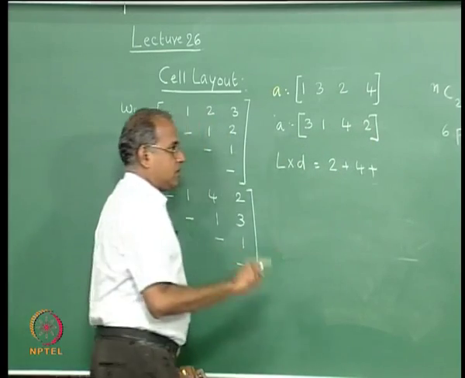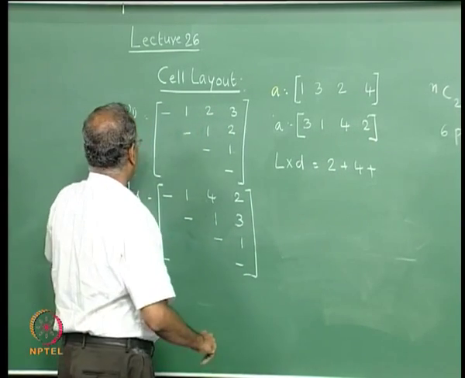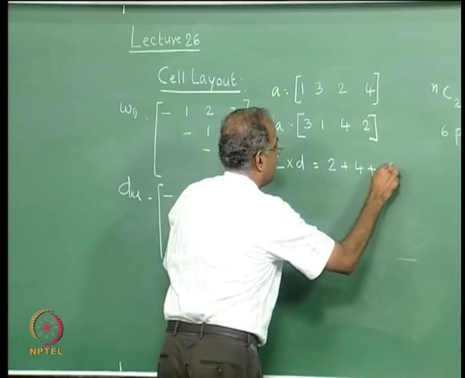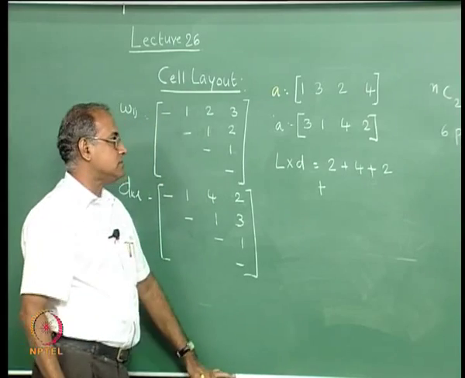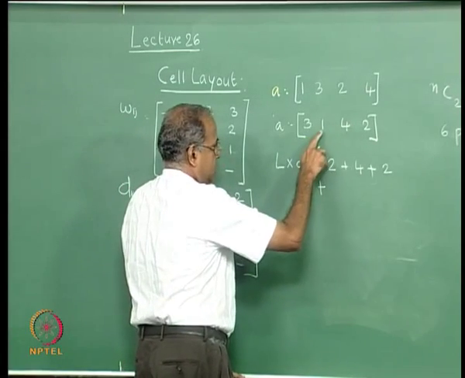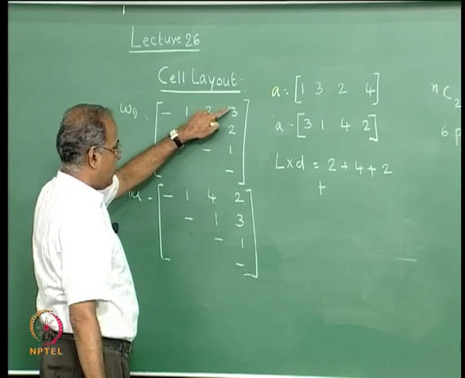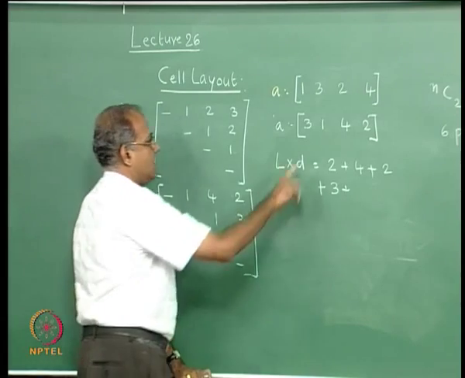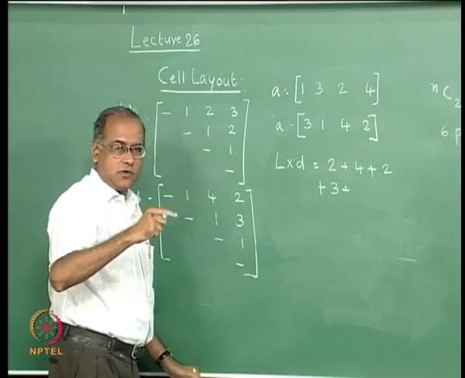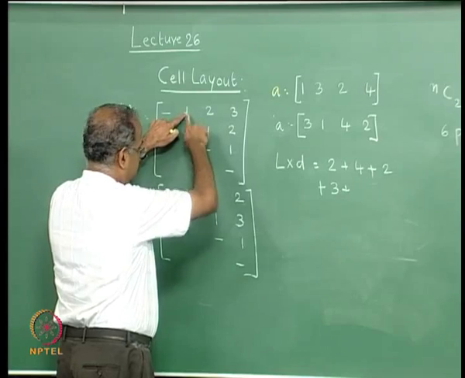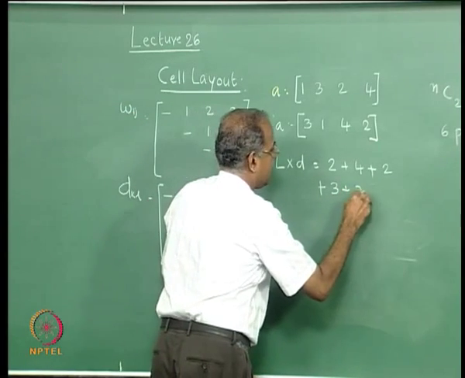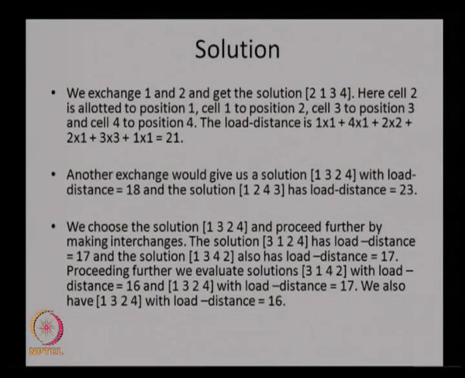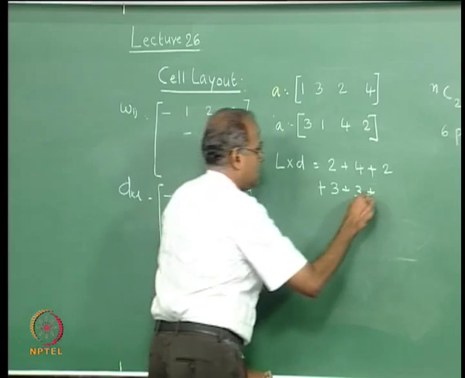Then W 2 3 D 1 4 is 2; W 1 4 D 2 3 is 3; W 1 2 D 2 4 is another 3; W 2 4 D 3 4, 2 plus 1 2.